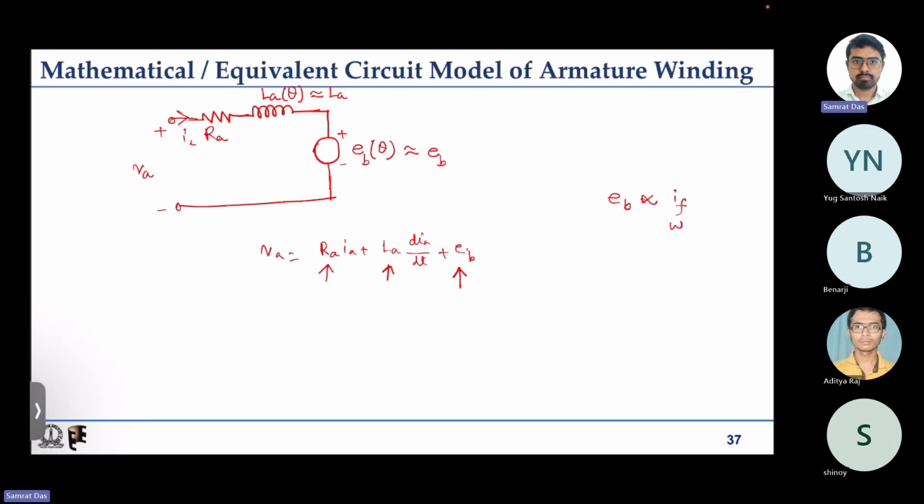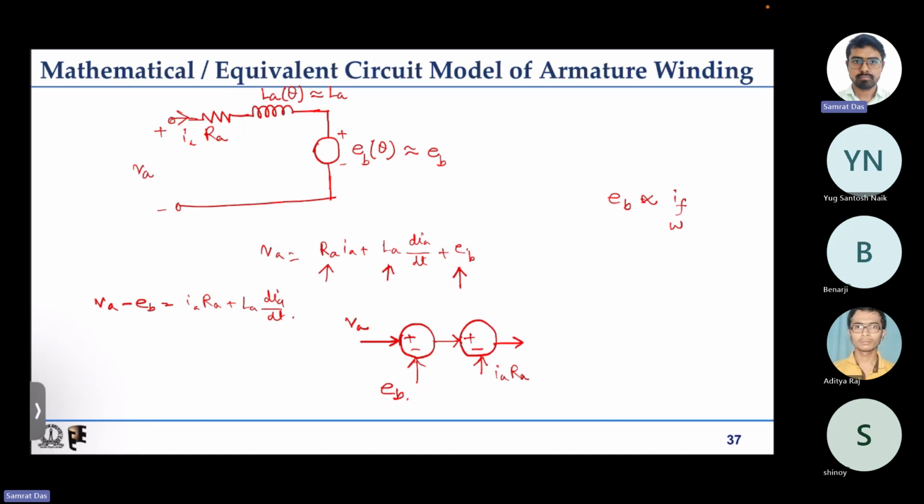So if we want to get a model for the armature winding, then our input is basically VA. From there we will have to subtract the back EMF. From there we will again have to subtract the IR drop, say IA RA. So what I am doing, VA minus EB equal to IA RA plus LA dIA/dt.